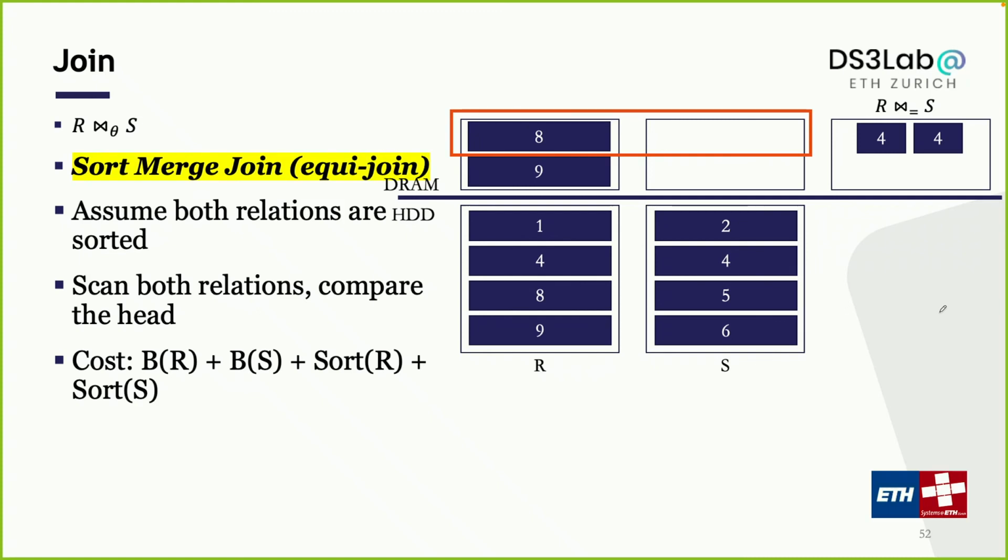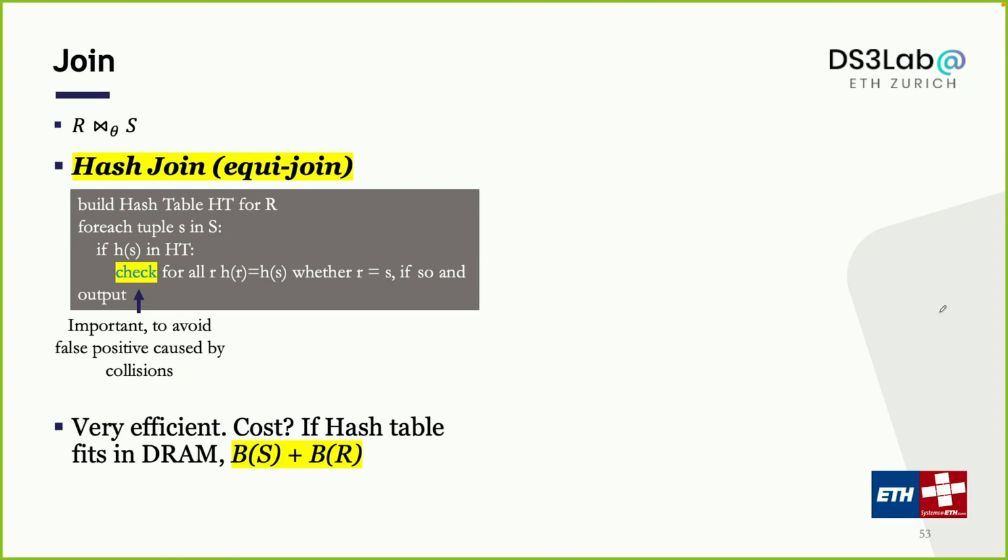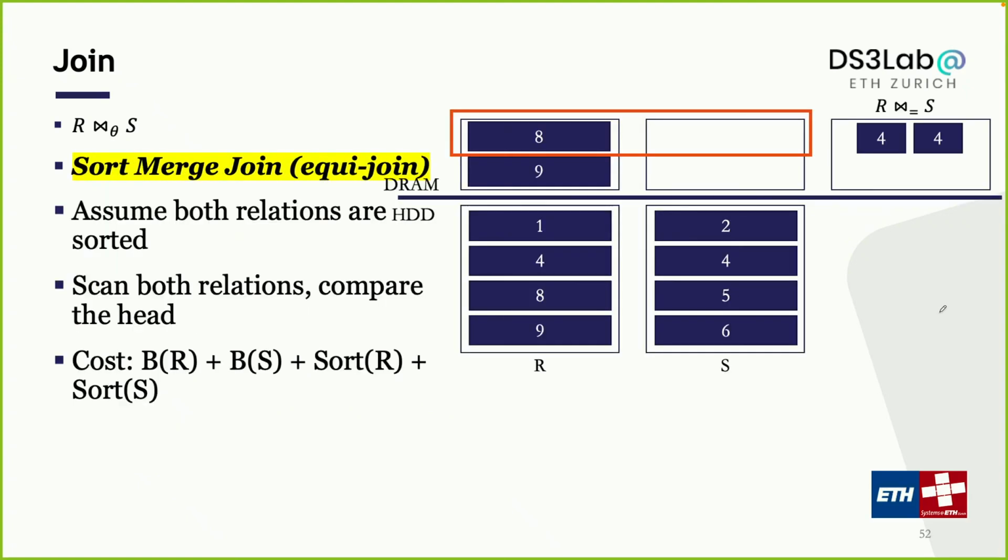That's what I need to merge them. So I pay those 2 different terms. And then I need to sort R and sort S. So that's my cost. Any questions so far? I sort them, I merge them.